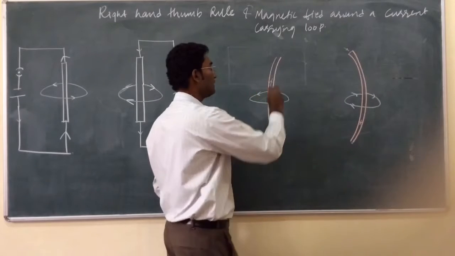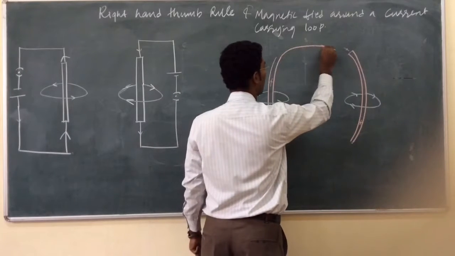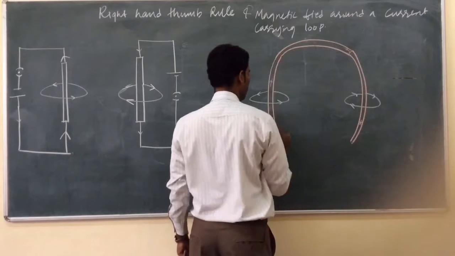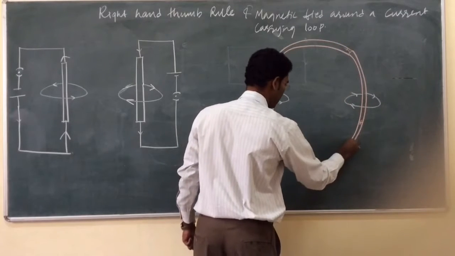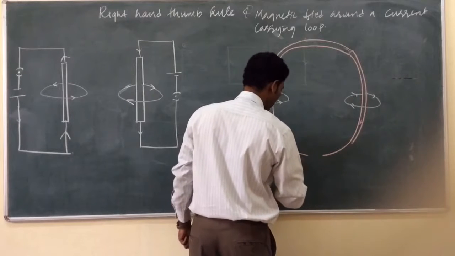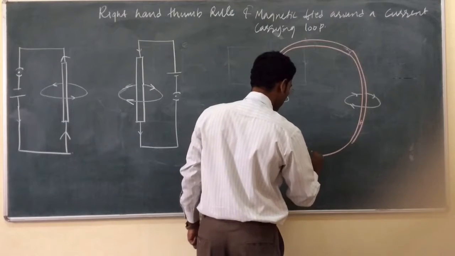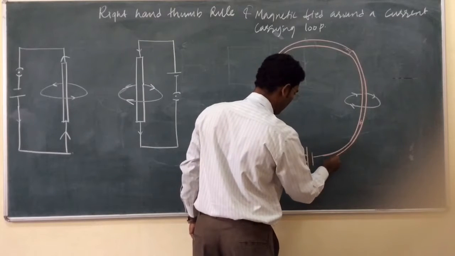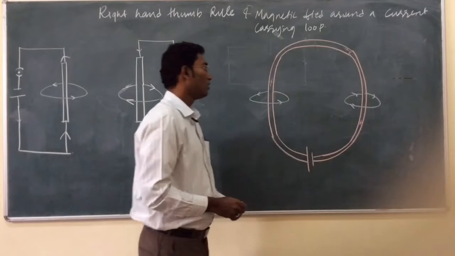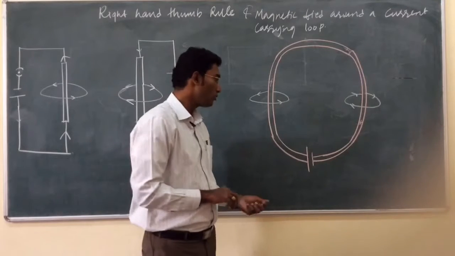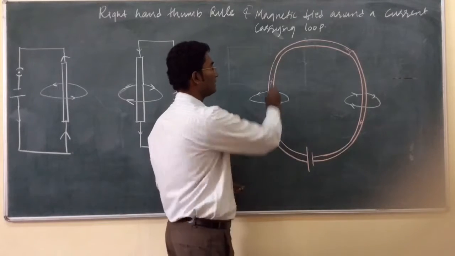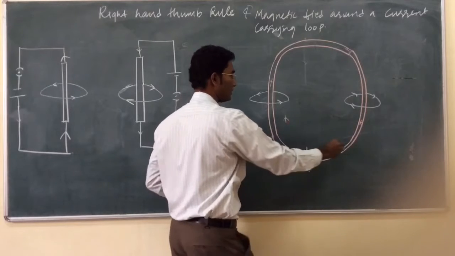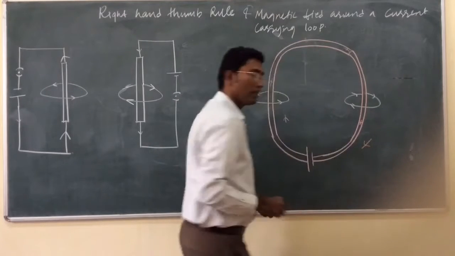So if I extend these conductors to form a loop, you can see here, this is a loop, and I have connected this loop to a battery. We can see this is the direction of the current. The direction of current is up here and the direction of current is down here.